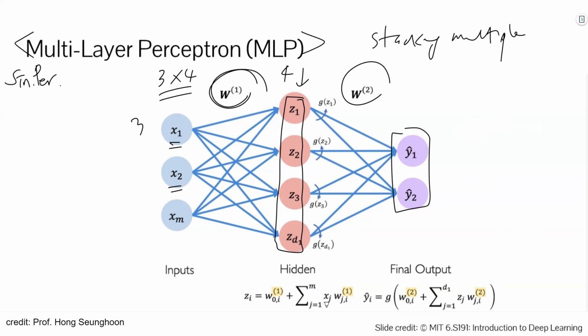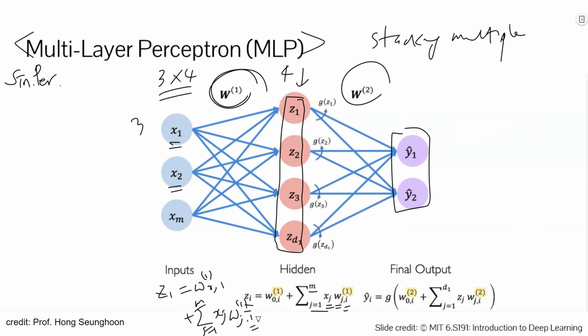And here, j goes from 1 to M, and you can multiply Xj to Wj,i. And this will result in Zi. So to get Z1, you need to call W0,1 from this W1 matrix, and then do summation from j equals 1 to M, of Xj, Wj,1.